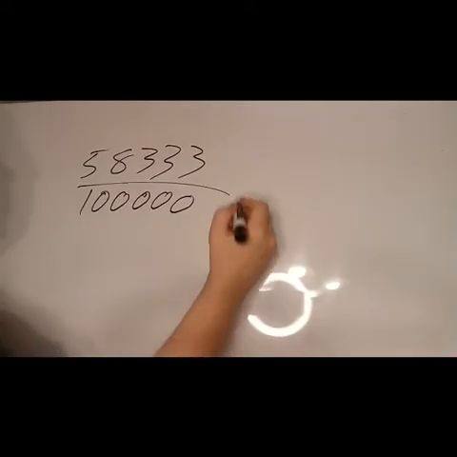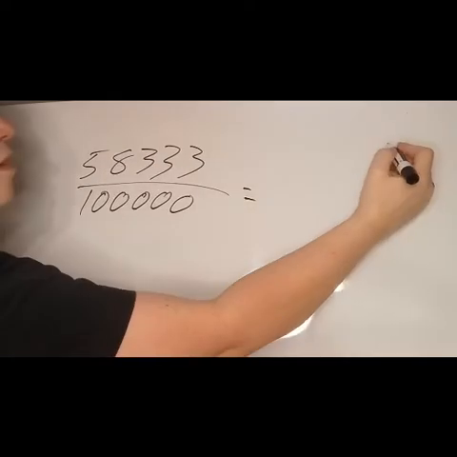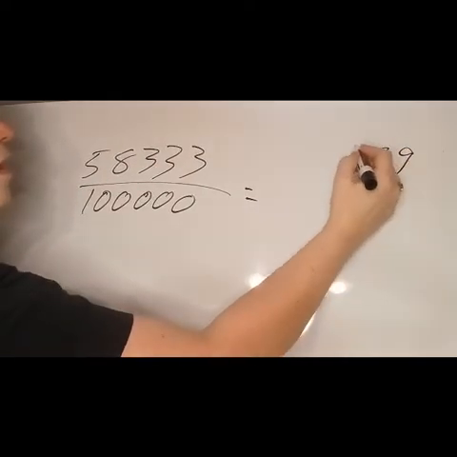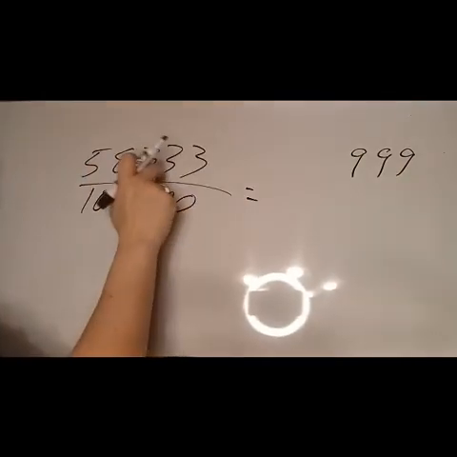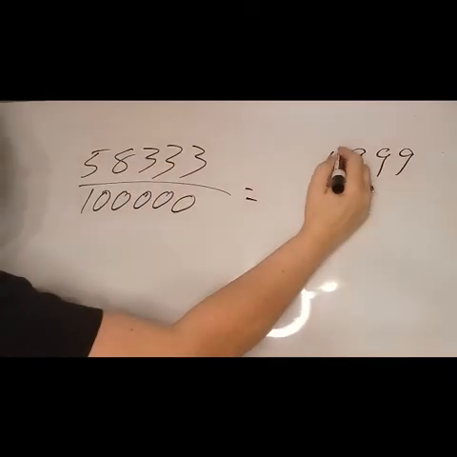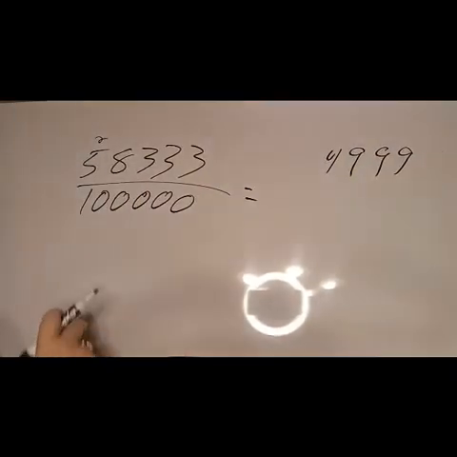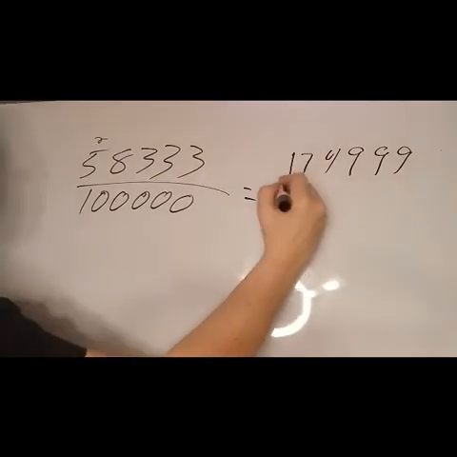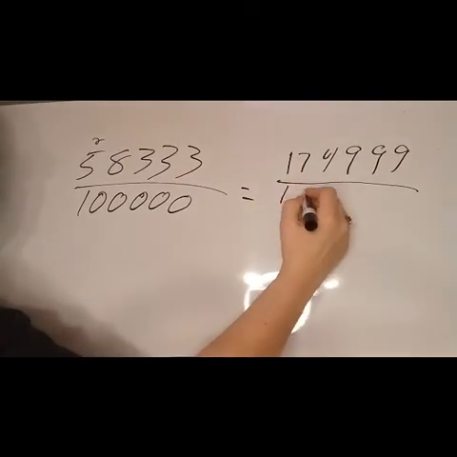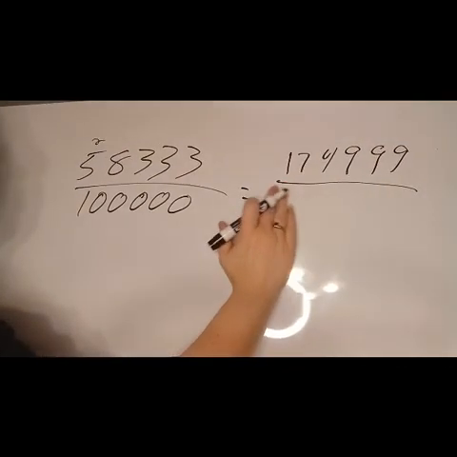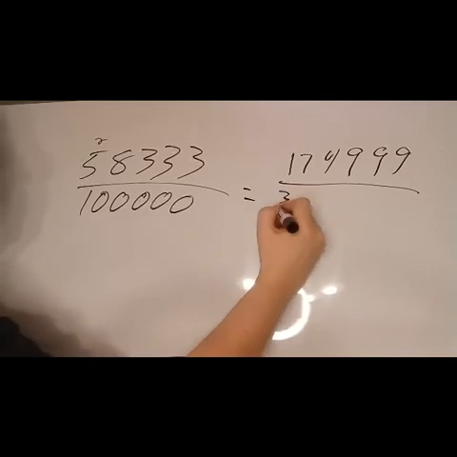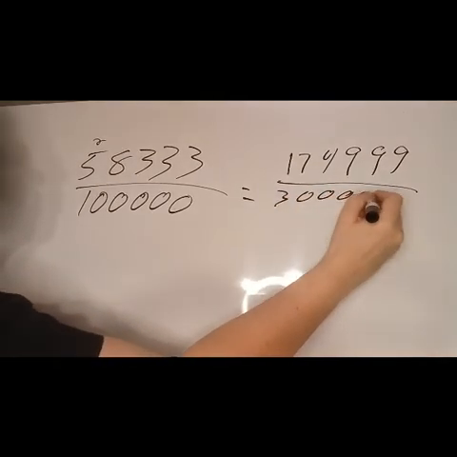That gives us 9, 9, 9 for each of these, and 17 over 3 followed by 5 zeros.